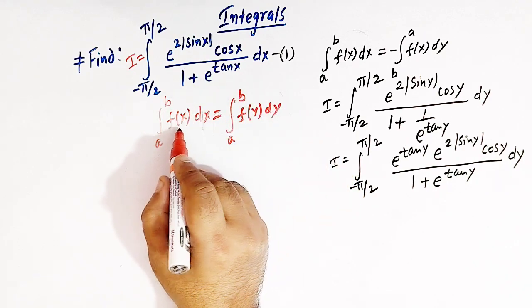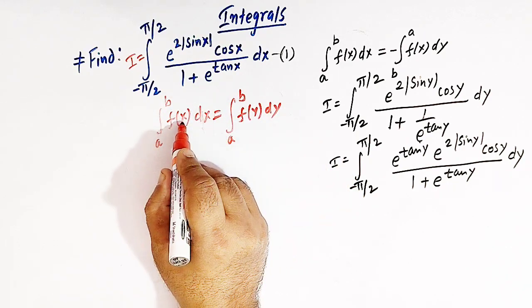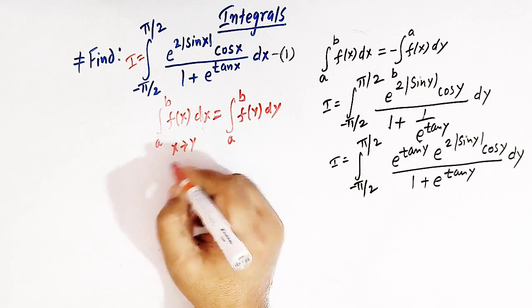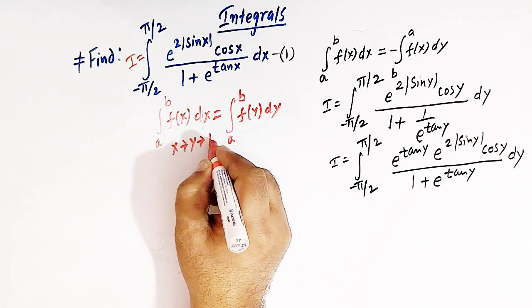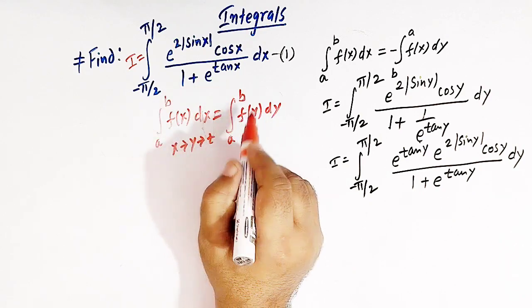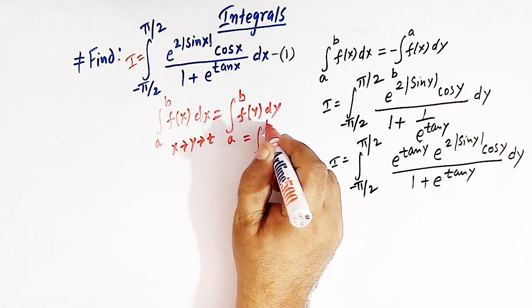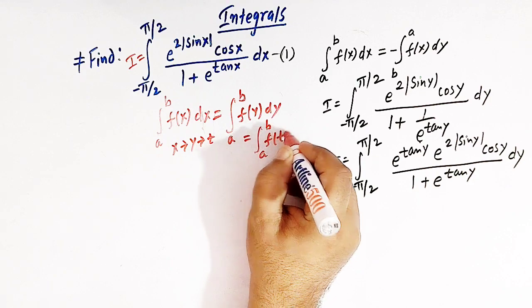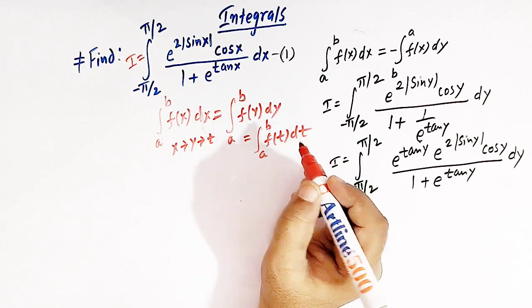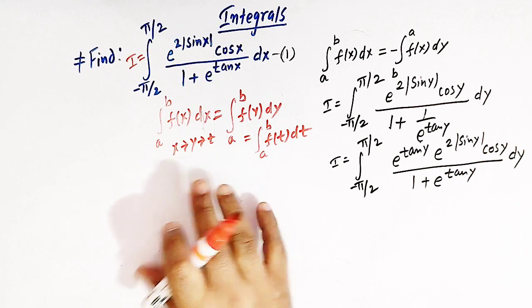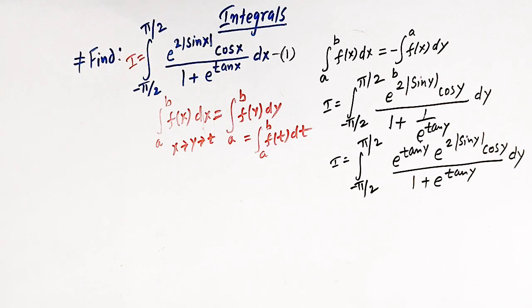If we change the variable from x to y, or from y to t, the value of this integral remains the same. So we can also write this integral as a to b f of t dt. This property is called the dummy variable property.